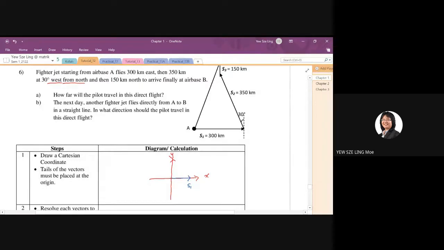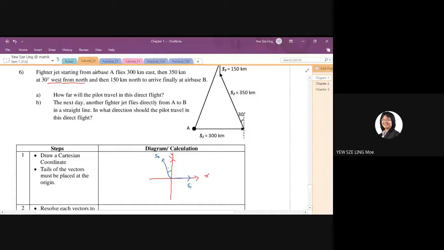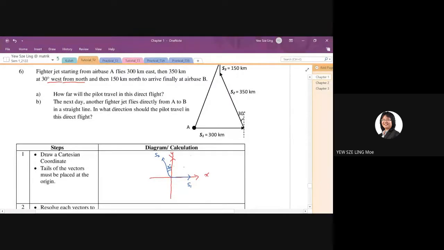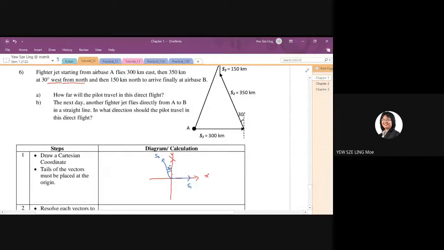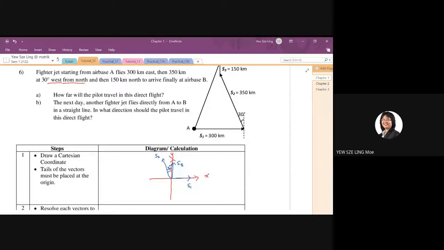So this is your S2, which is 30 degrees from north, 30 degrees from your y-axis. And then we have S3, which is going upwards to the north. So this is your S3. This is the diagram that we're going to use in the calculations.